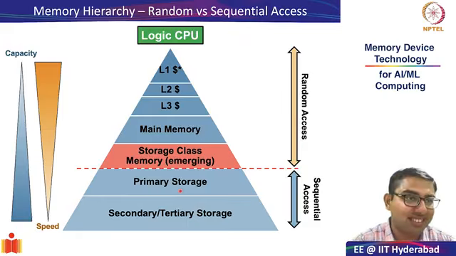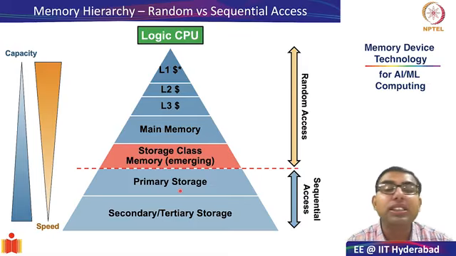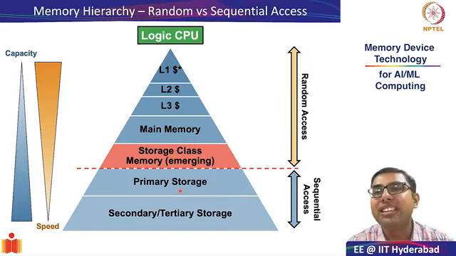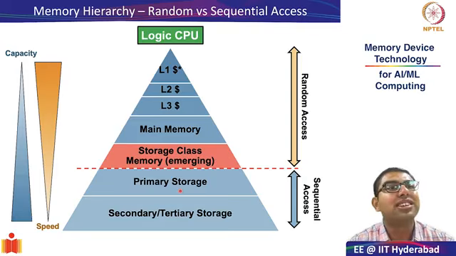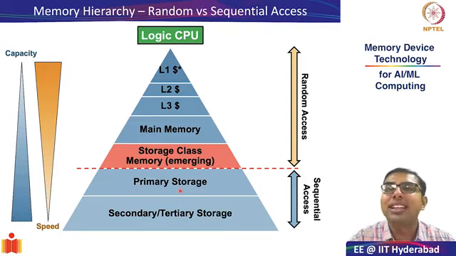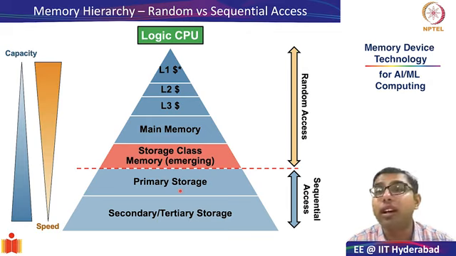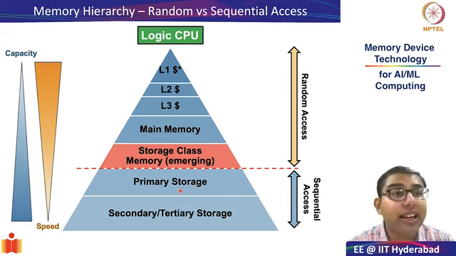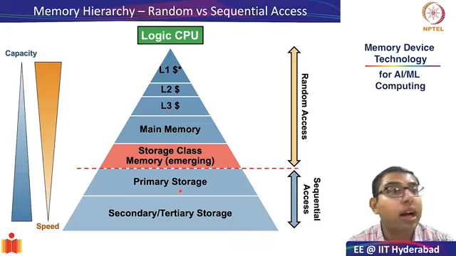While NAND flashes are sequential access, you will see that NOR flash can have random access also. But NOR flashes are generally not used for high bit density storage. So this definition and this classification still holds. Just a small detail which we will discuss later on in detail.